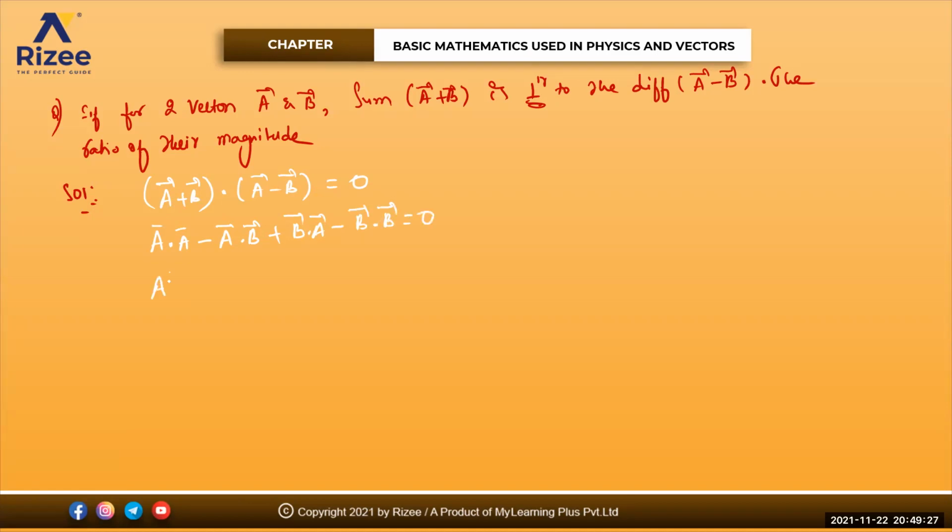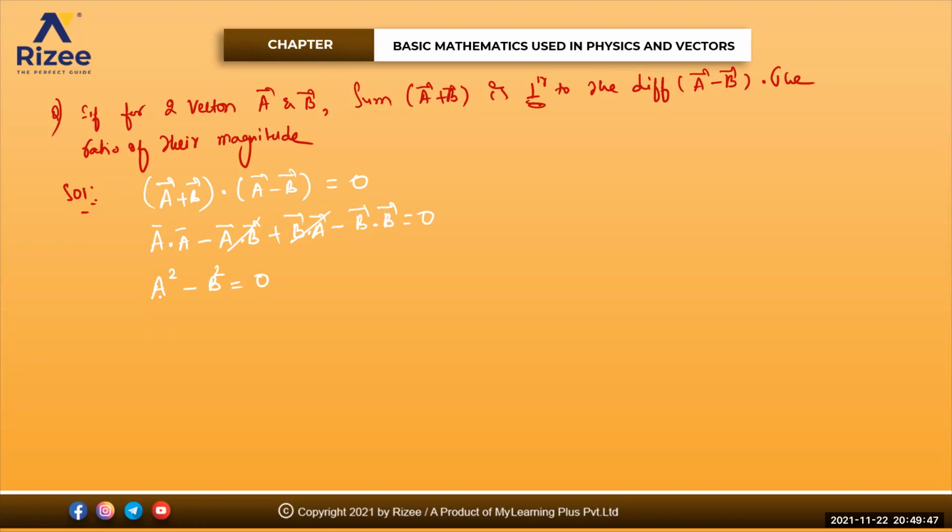A bar dot A bar is A square. A bar dot B bar and B bar dot A bar will be one and the same, isn't it? So this one and this one will get cancelled. Minus B bar dot B bar will be equal to B square. That will be equal to 0.